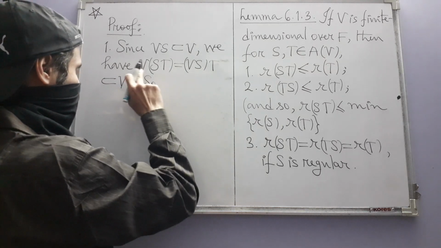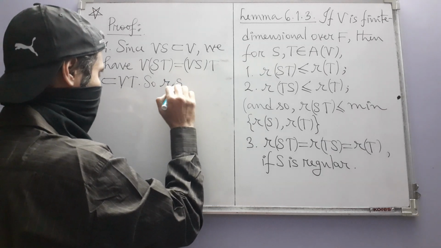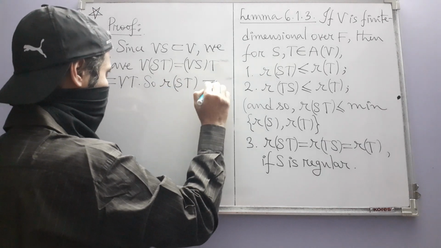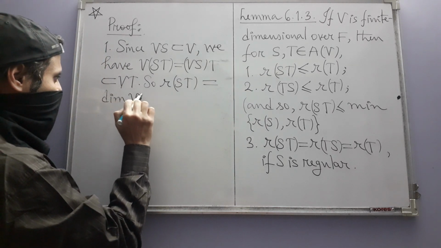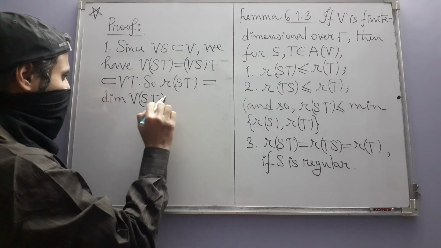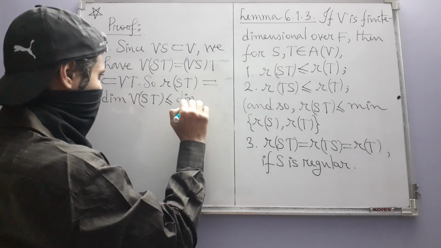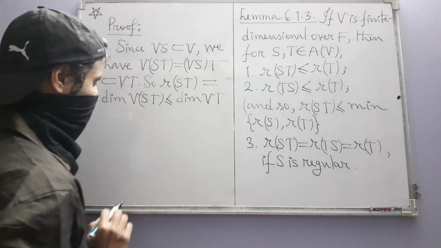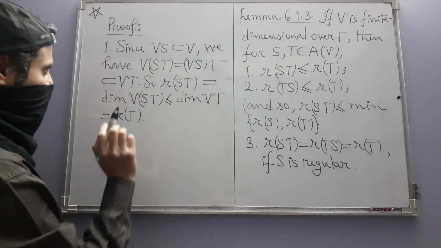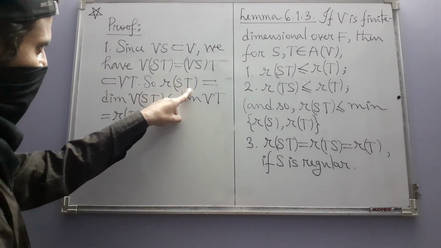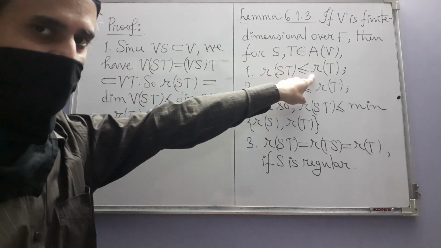But what is its dimension? Its dimension by definition is the rank of ST. This is less than or equal to the dimension of the range of T, which by definition is the rank of T. So that's how you have R of ST less than or equal to R of T. Okay, so that is the first one.